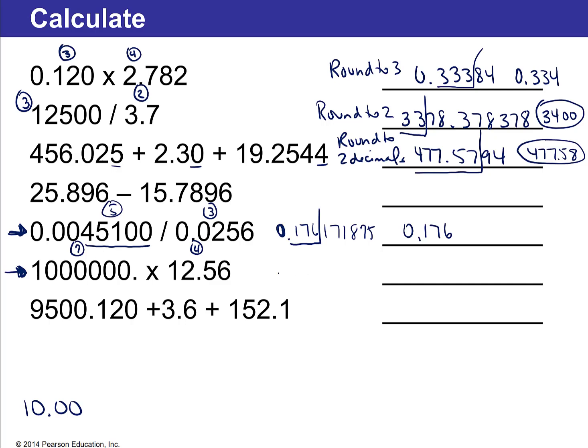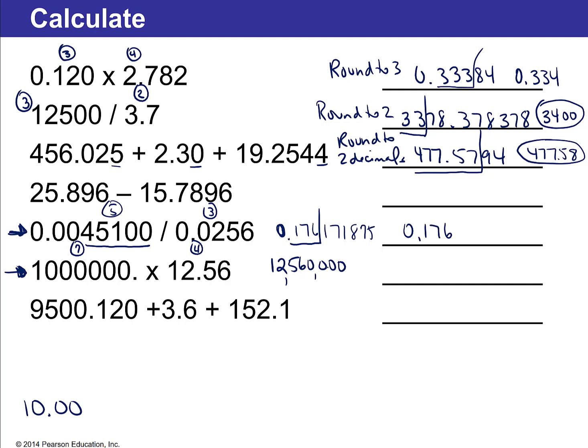So in doing the math, 1, 2, 3, 4, 5, 6. Yes. So adding these in, 12,560,000. So what would I do? The whole thing stays. I'll just rewrite it so it looks like a normal number. So you did the math. I get 12,560,000.